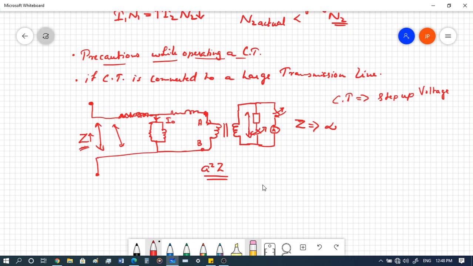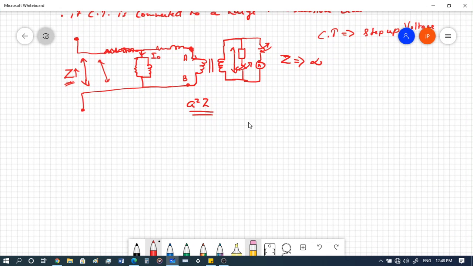But in modern days we are using clamp-on meters. Clamp-on meters means there is something like a clamp. This is a joint, so this can be opened, and the meter looks somewhat like this.